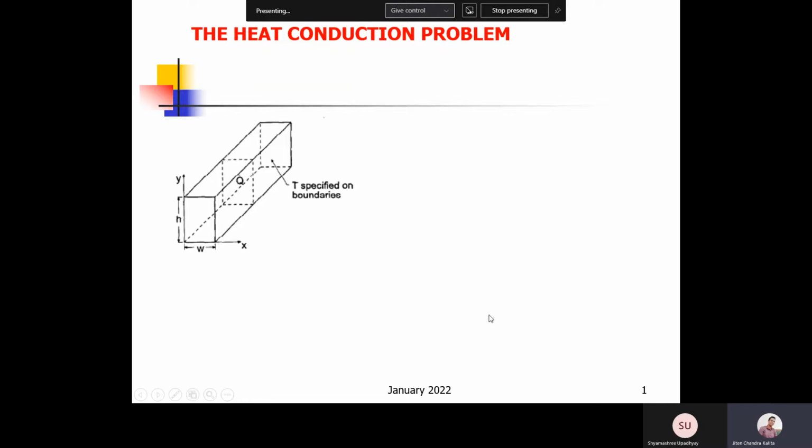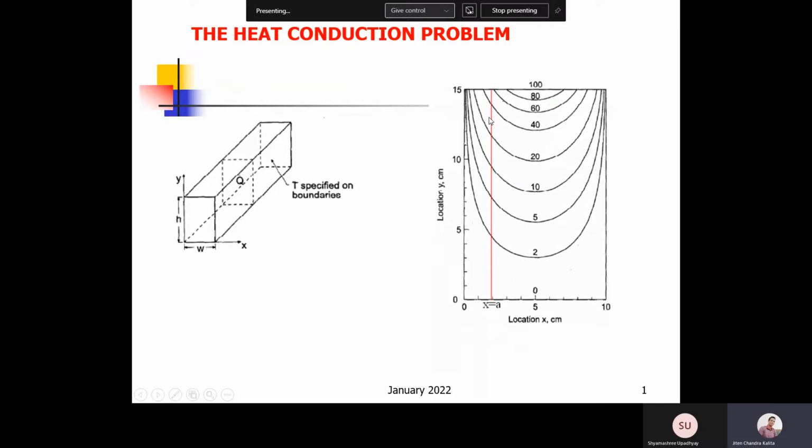Now if I take a cross section like this, you can see the dotted lines. If I take a slice through a vertical plane here, the cross section is going to look like this. So what is happening here? At the top, the temperature is going to be 100, and on all the other sides, the temperature is going to be 0 degrees Celsius.